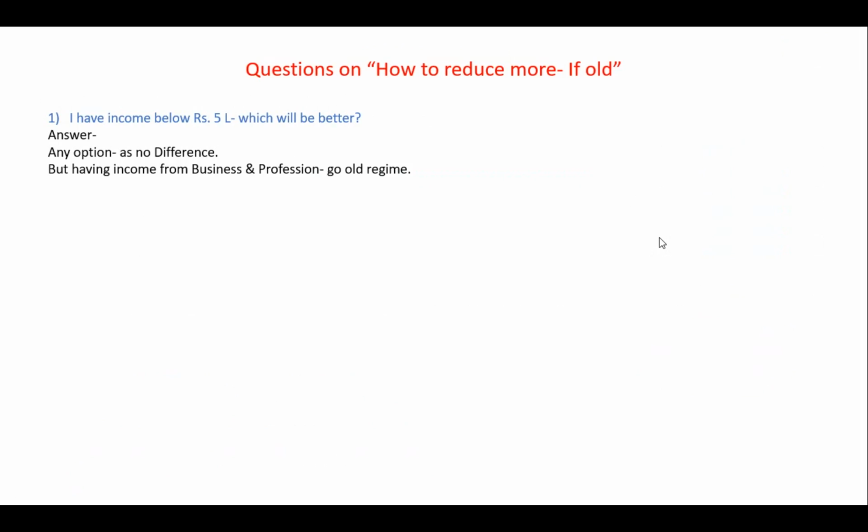But yes, if you have income from business and profession, it is better to go for the old regime. Because if in future your income exceeds 5 lakh, then you can use the deductions and exemptions to reduce such income and bring it under 5 lakh.